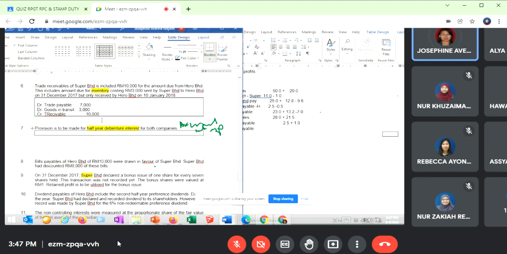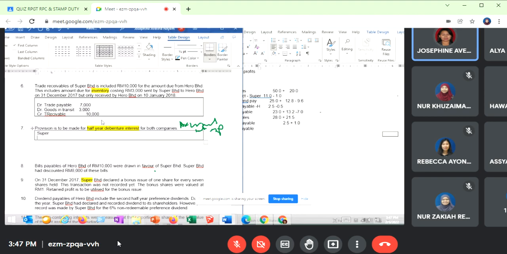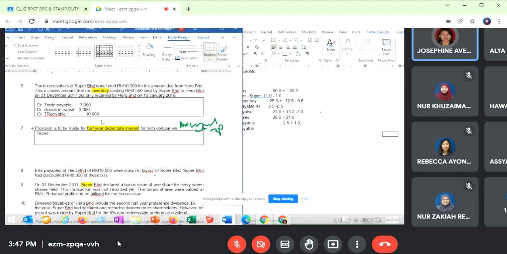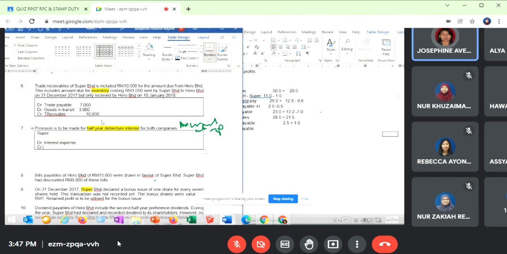So let's start with the parent first, Super. The parent company. We recognize an interest. So how do you recognize interest expense? You debit your interest expense and you credit your accrued debenture interest. Or over here we use debenture interest payable.